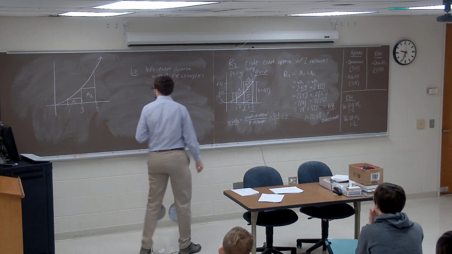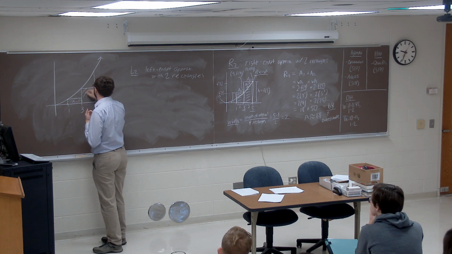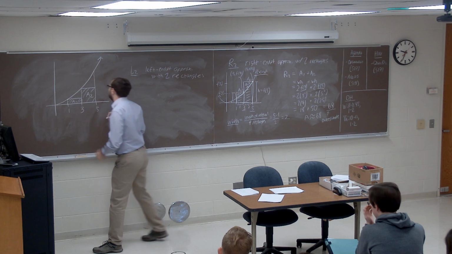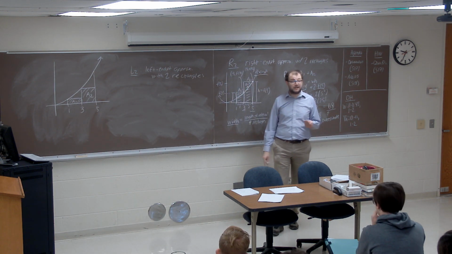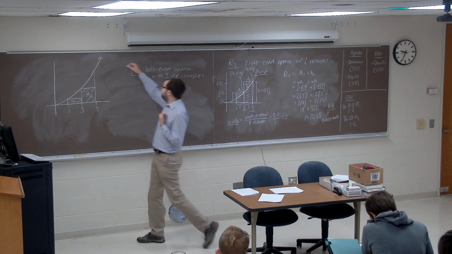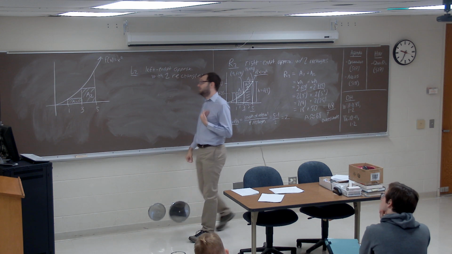And that'll give us a nice underestimate, judging by the picture, for the area of the quadrille. Or in other words, the area under our graph of f of x equals x squared from 1 to 5.